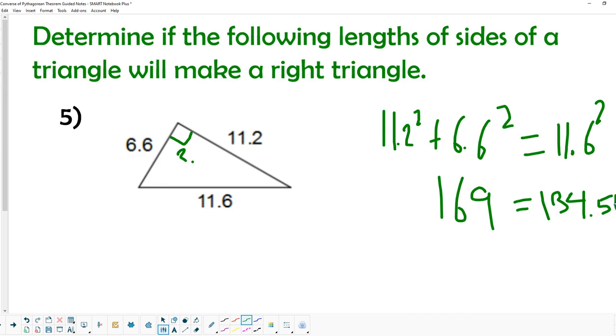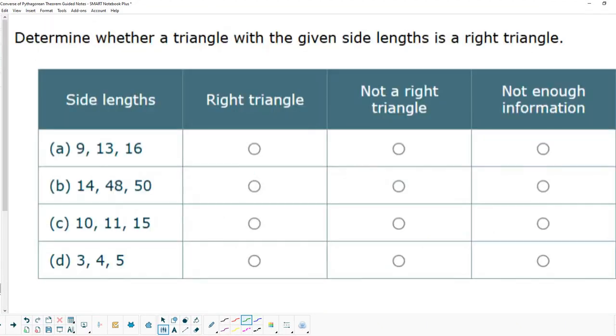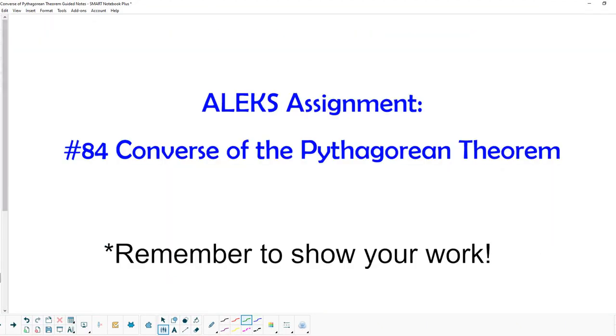So you can see that they do not equal each other, so this one is not right. So this is not a right triangle by any stretch of the imagination. Okay, how many more examples do we have? We have 2 more examples.